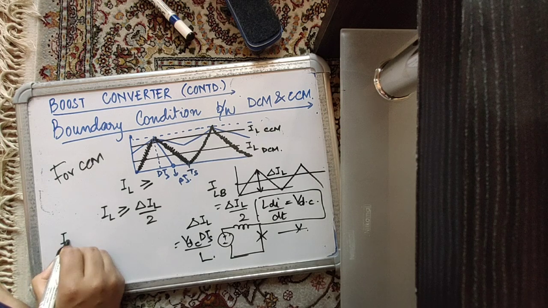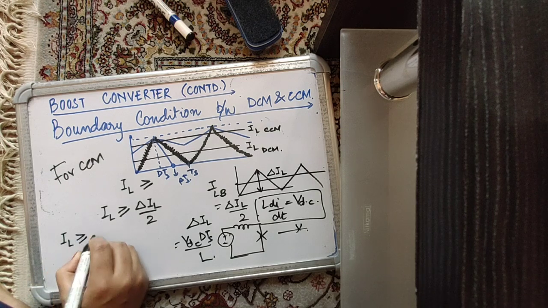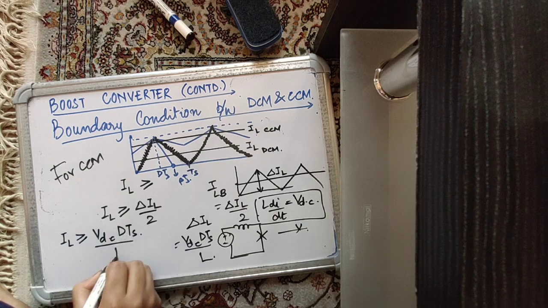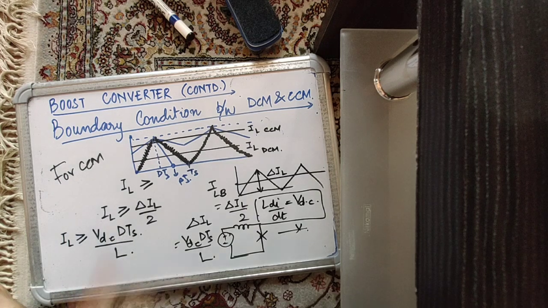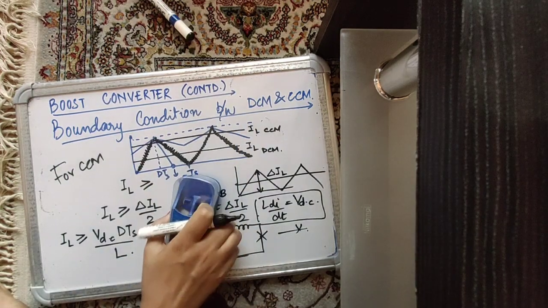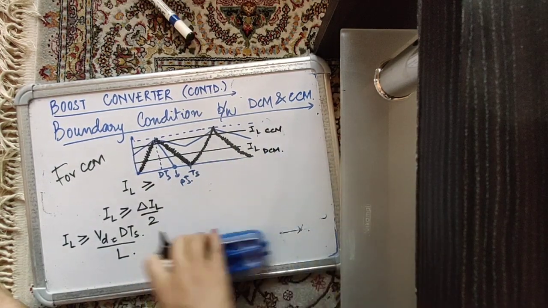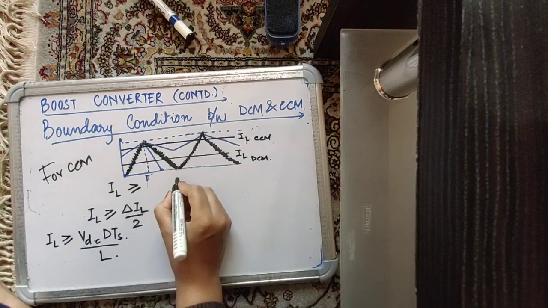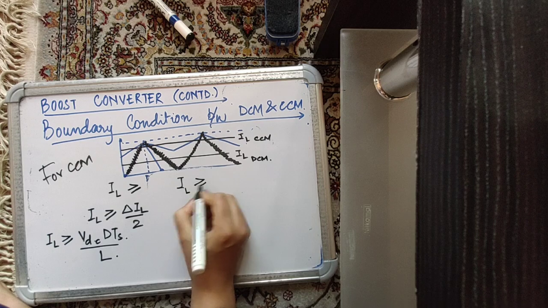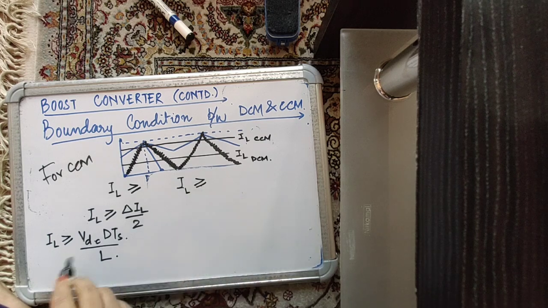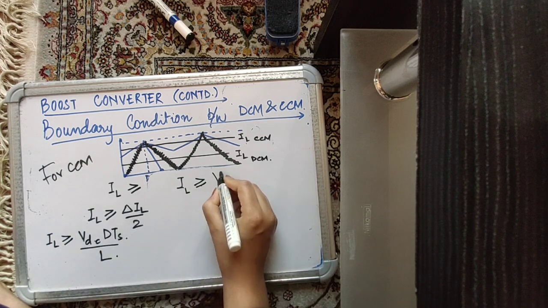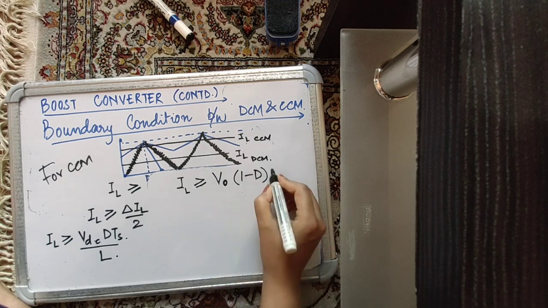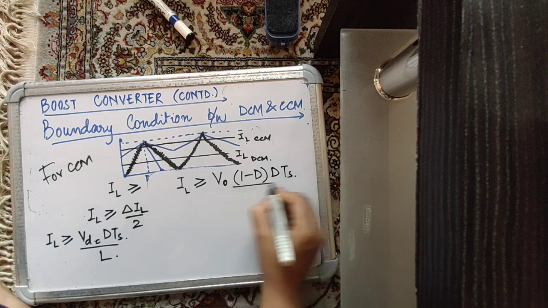So my inductor current should be greater than or equal to VDC DTS upon L. Moving on further, if I write this VDC in terms of V naught, it should be V naught into 1 minus D into D TS upon L.